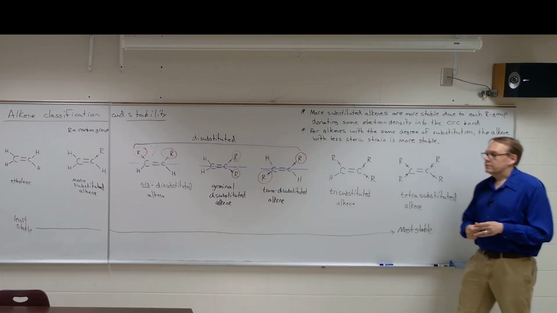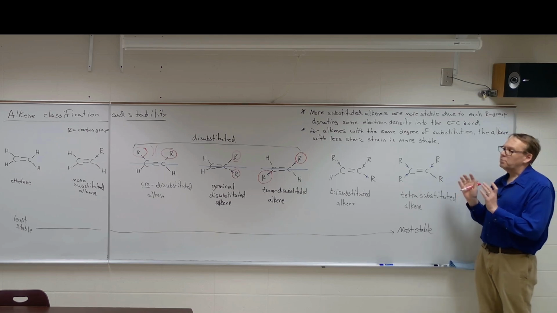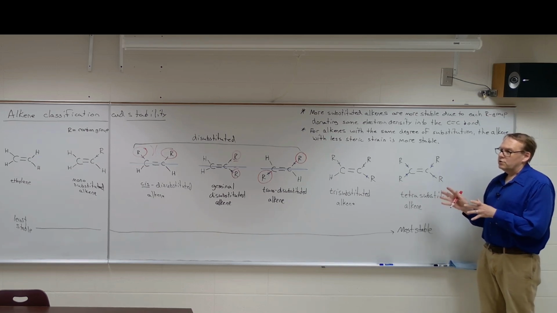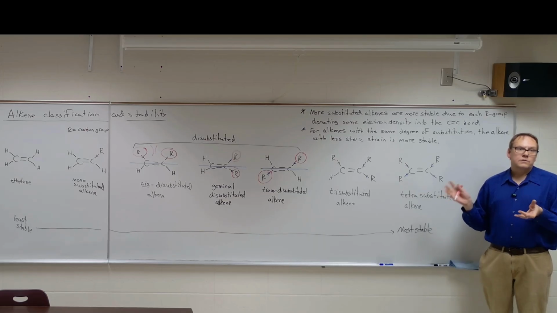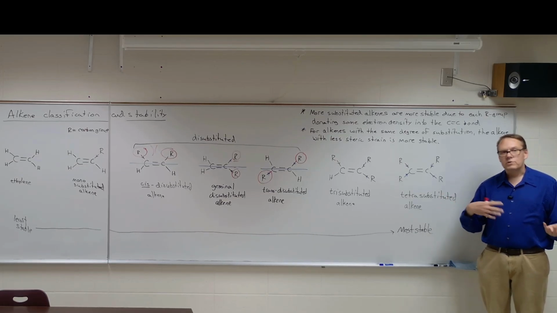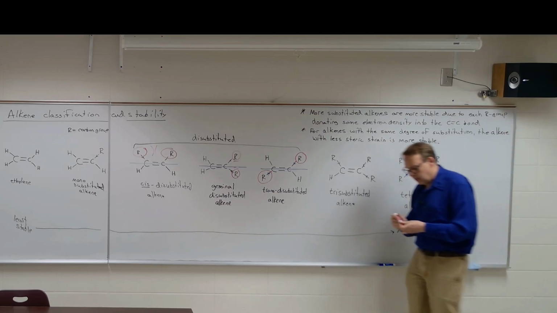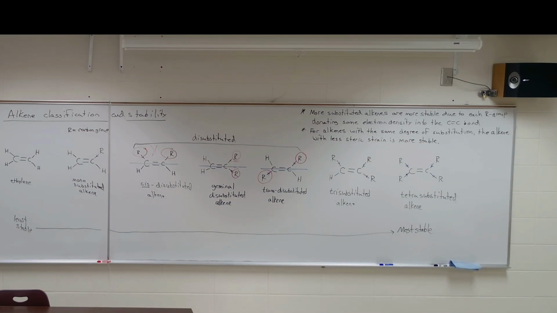So trans is the best kind of disubstituted double bond, and you can apply this logic to other alkene mixtures that you're looking at to try to assess which one is going to be the most stable, or between two alkenes, which one is more stable or less stable. And that's what this survey question was about. It was a bit of a stretch to get people to try to answer it, because after this discussion, the class would have a much easier time with it.